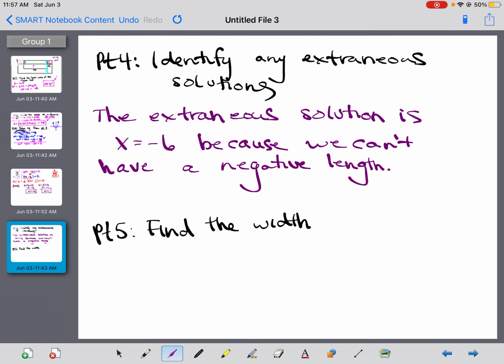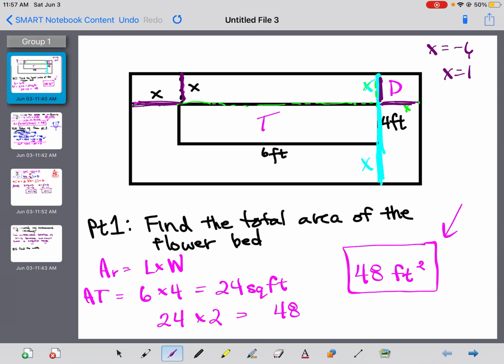Last part. It says find the width of the part of the flower bed with the daisies. This one, I think, can be interpreted a little bit differently, and I do take two different answers on this one, okay? So again, we're going to go back. I want the width of the flower bed that's just the daisies.